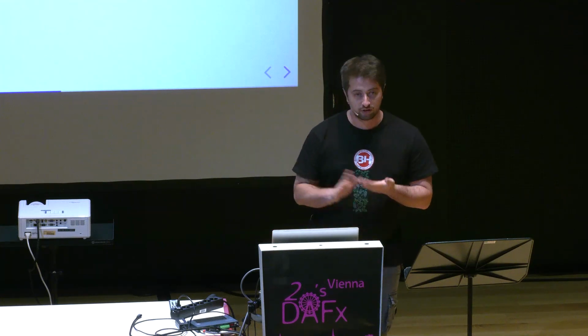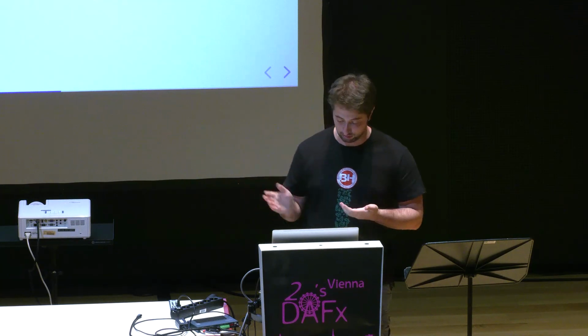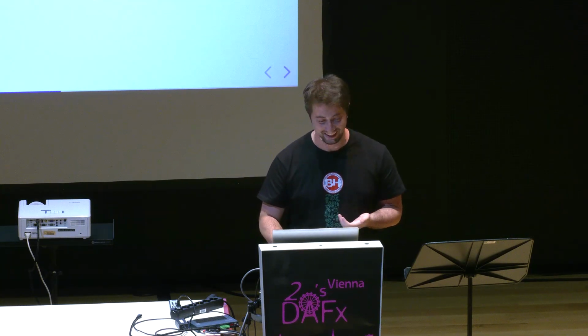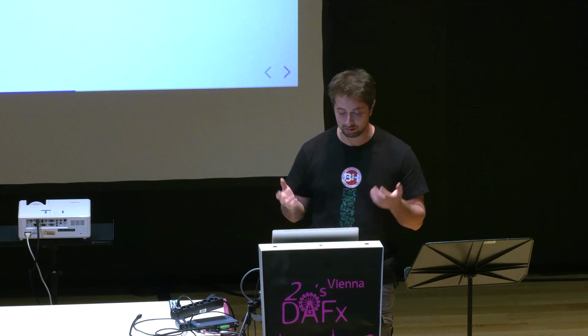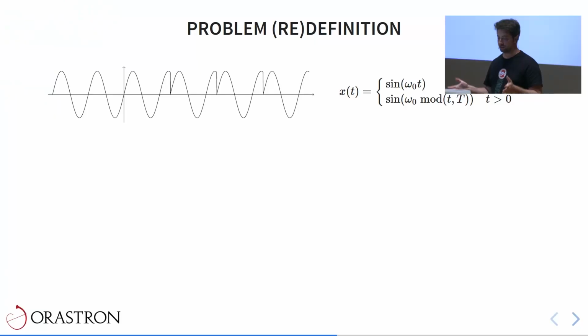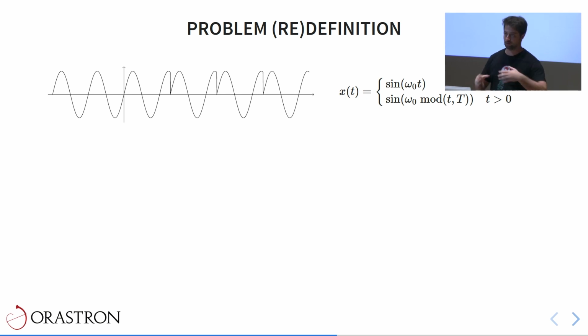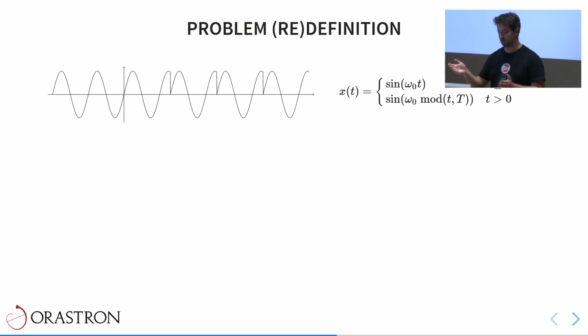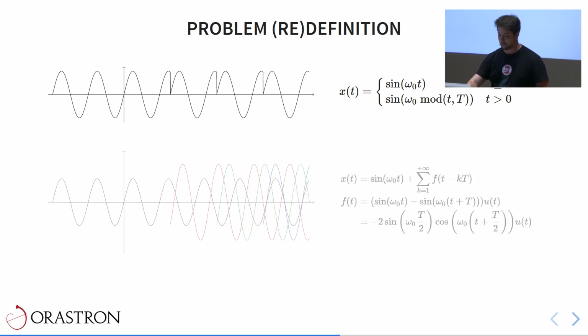But yes, if the paper exists, it means that we have found a solution to the problem. First, we redefine the problem in a proper way, in a way useful for us, which is we define the waveform that we want to anti-alias as a waveform that before time 0 is the unsynced sinusoid, and for t bigger than 0 is the synced sinusoid, as you can see.